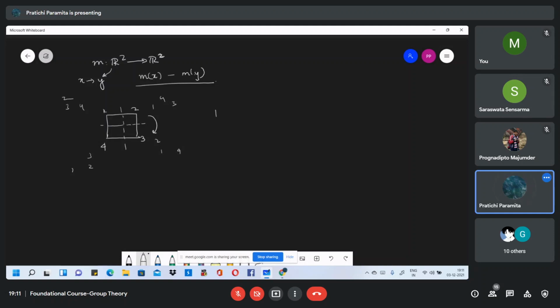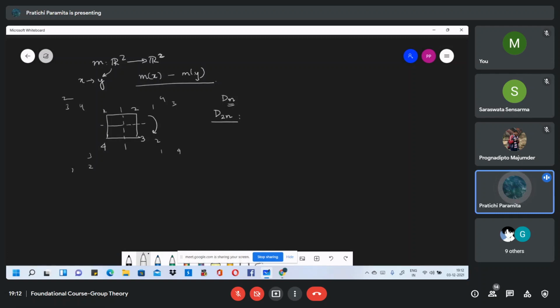D2n, some people also denote it by Dn. Here n represents the number of vertices of the polygon that you have chosen, and D2n represents the number of elements in this group, the order of D2n. So I am denoting it by D2n.